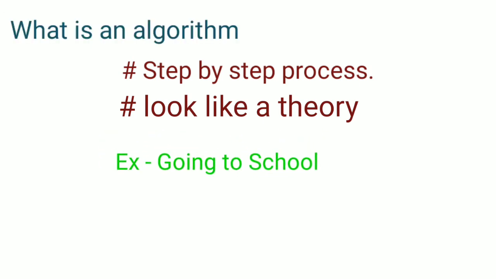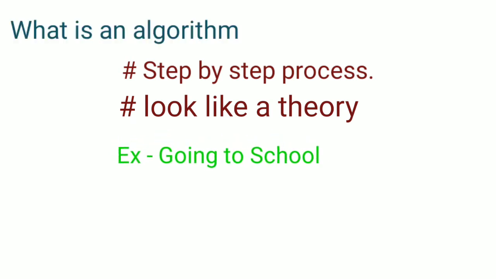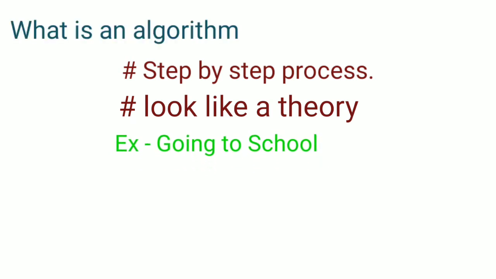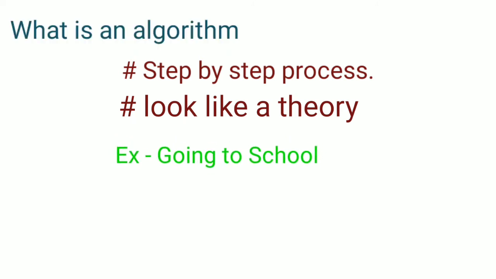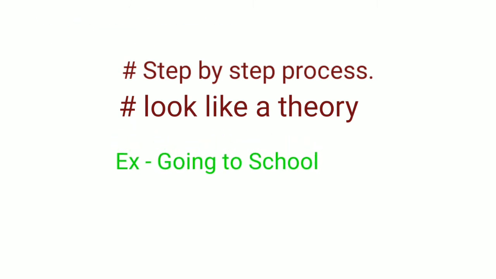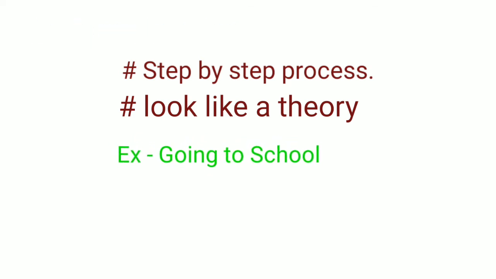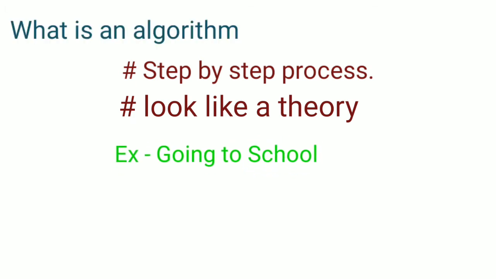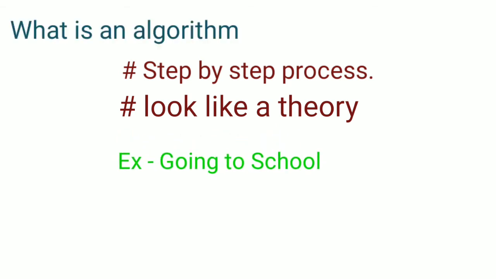The process is: get up early in the morning, brush your teeth, freshen up, take a bath, dress in school uniform, eat your breakfast, take your school bag and lunch box, go to the bus stand and board your school bus. Correct? These are all one flow, written as instructions or letters.